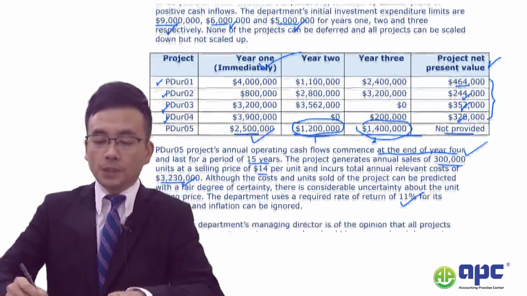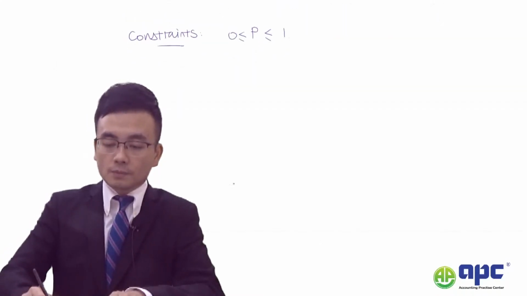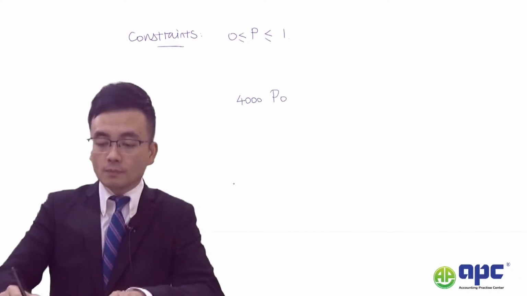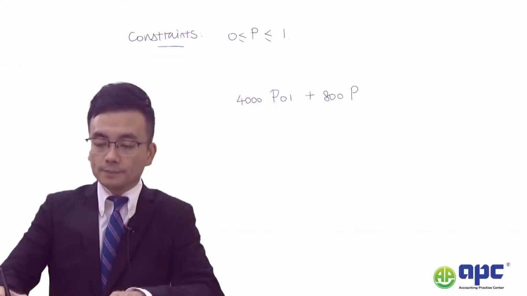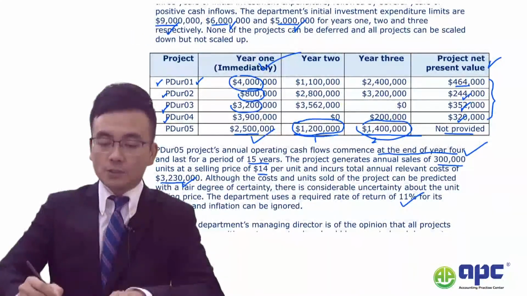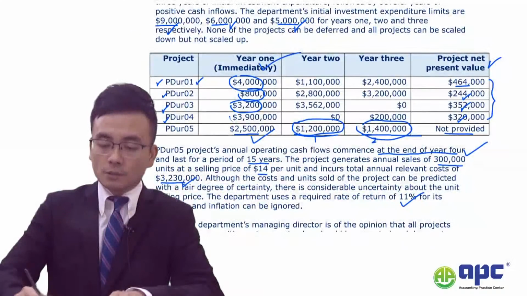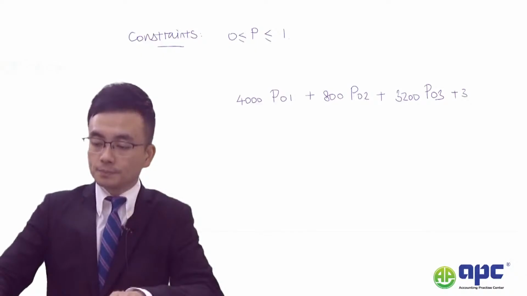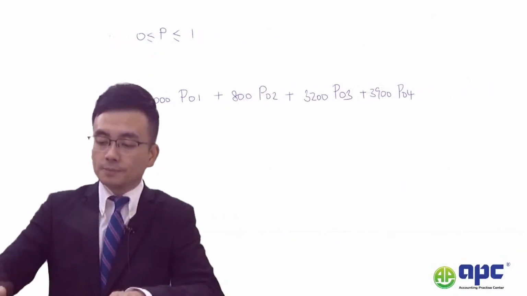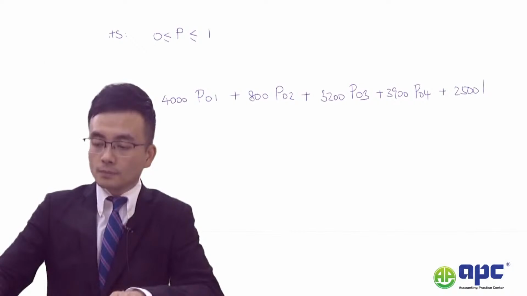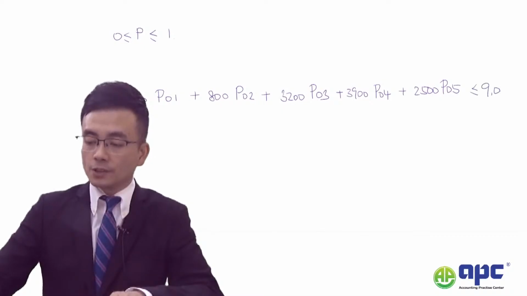So all we could do is the investment of 4,000 for project 1, plus 800 for project 2, plus 3,200 for project 3, plus 3,900 for project 4, plus 2,500 for project 5, that would be less than or equal to 9,000.